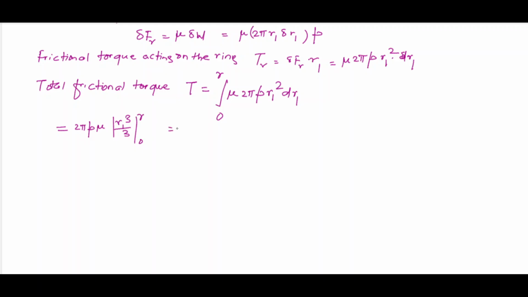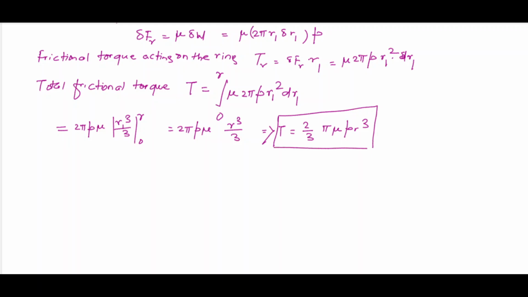So it will be 2 pi p mu r cube by 3, or you can say T is equal to 2 by 3 pi mu p r cube. I think I'm clear to all of you.